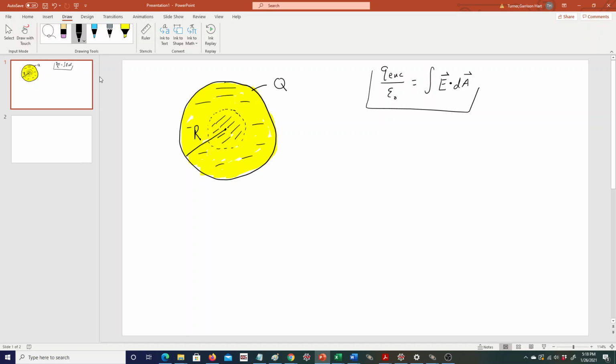The reasoning is somewhat similar for gravity. If you do an in-depth study of gravity, inside a massive body, whether it be a sphere, a spherical shell, whatever the case may be, if you're inside, whatever mass is enclosing you does not contribute to the gravitational field.